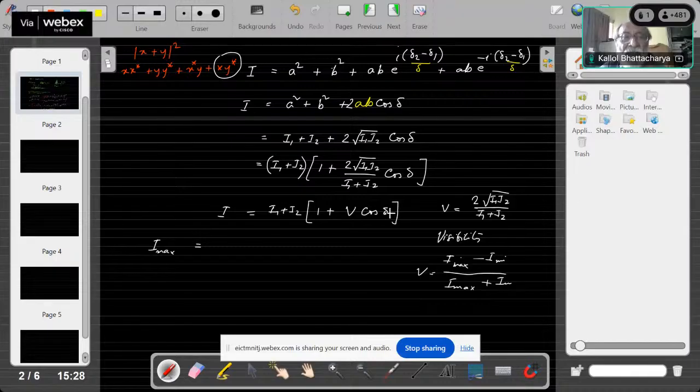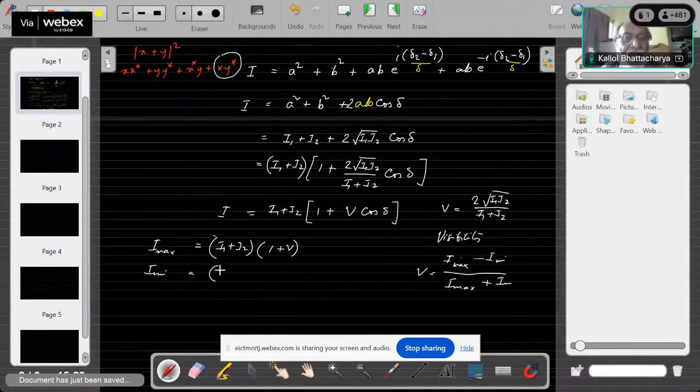So you will get I max for delta equal to 0. Okay, so this is I1 plus I2 into 1 plus V, and I minimum will be when cos delta is minus 1, that is delta is pi, then this will be I1 plus I2 into 1 minus V.